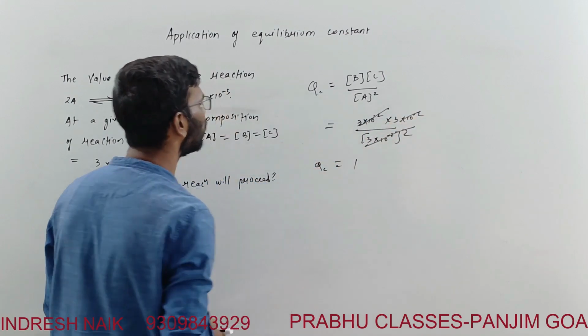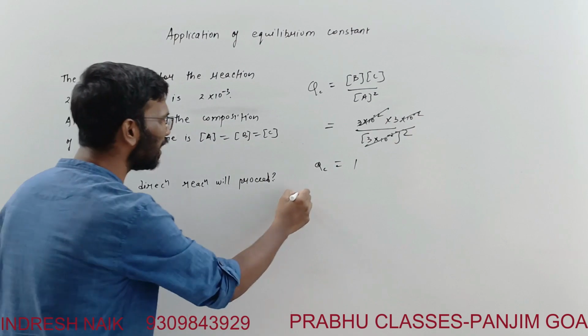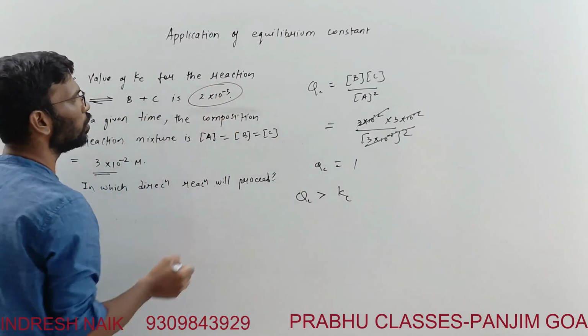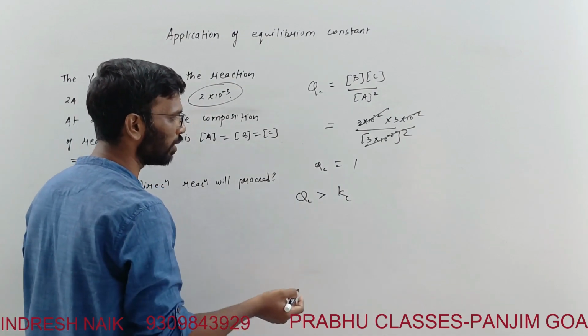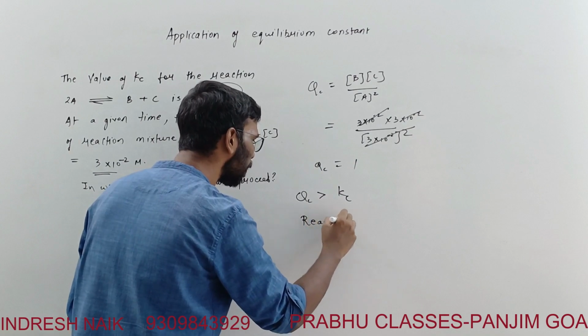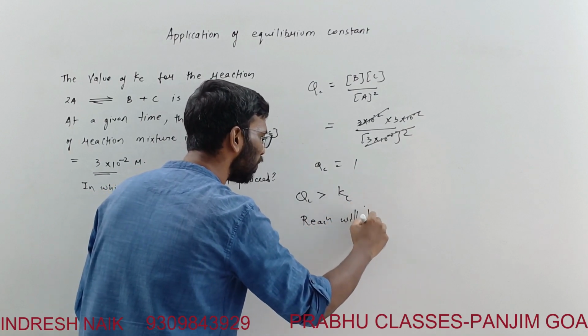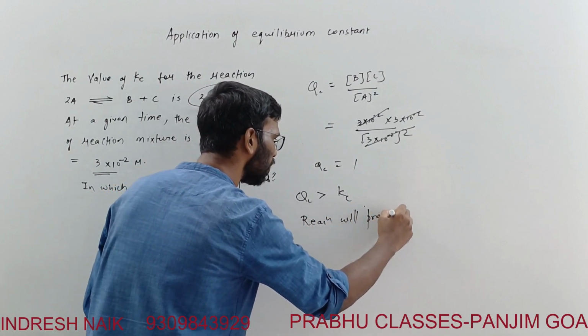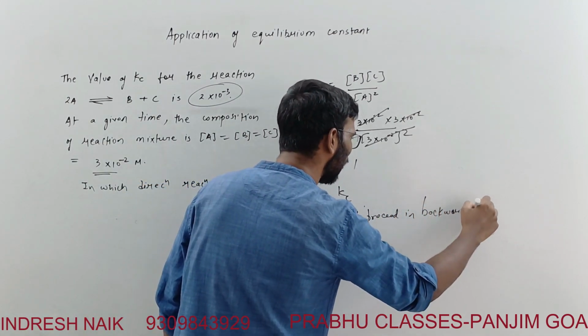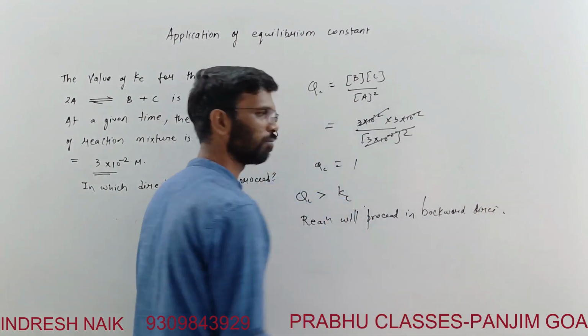QC is equal to 1. Right? So QC is greater than KC. How? KC is given, KC is equal to 2 into 10 raised to minus 3. So since QC is greater than KC, the reaction will proceed in the backward direction, right? Simple.